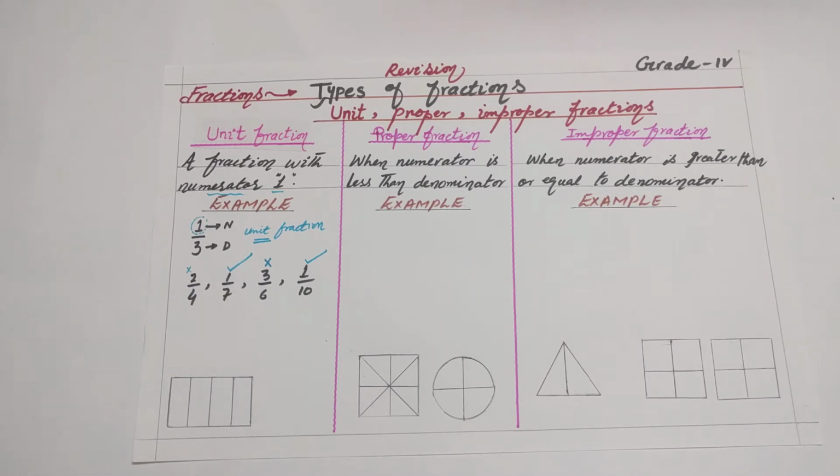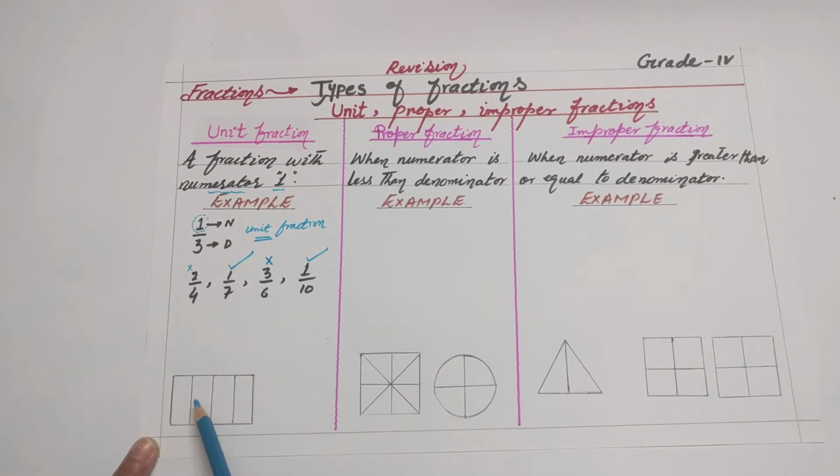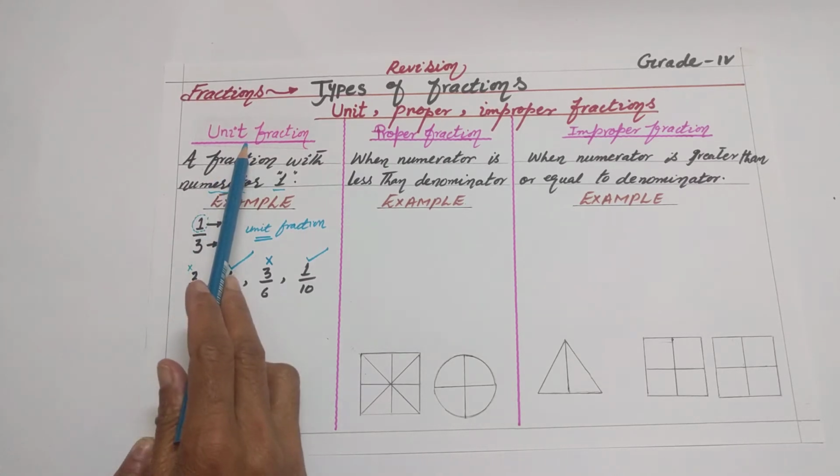Okay, now students, I will explain the unit fraction with the help of a diagram. Here I have a whole in a fraction form. This whole is divided into 4 equal parts, and I have to show the unit fraction.